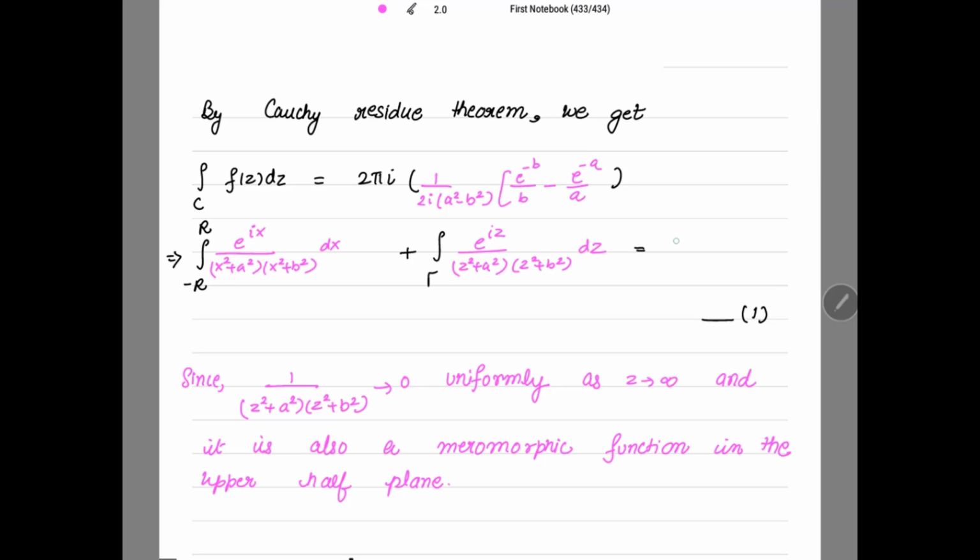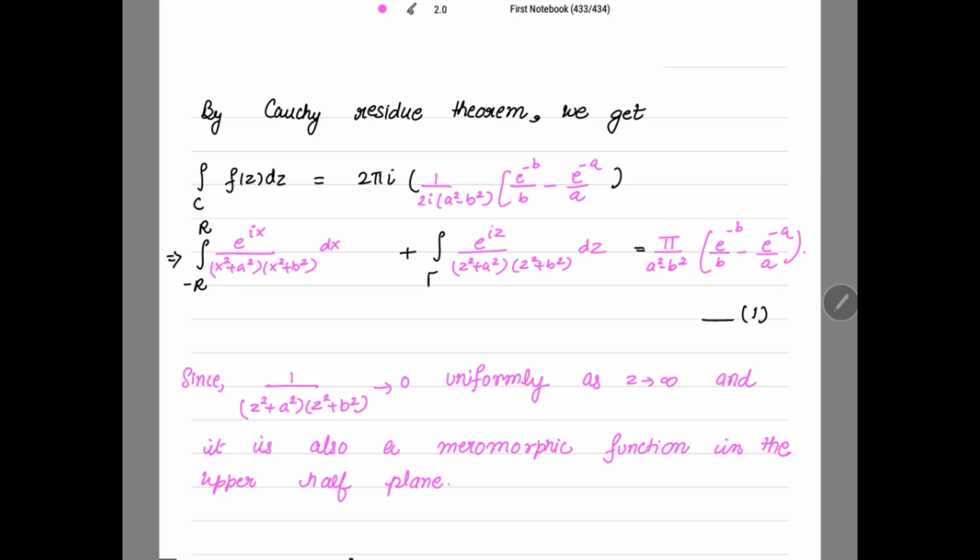So this is finally equal to, this 2 iota will cancel out, and the remaining is pi over a squared minus b squared into e to the power minus b over b minus e to the power minus a over a.